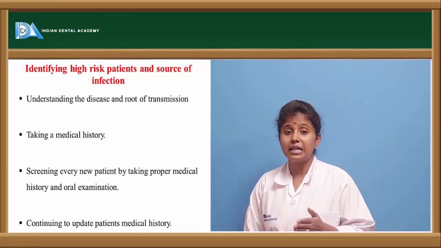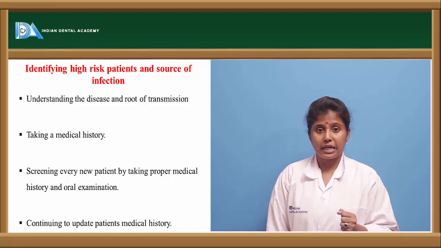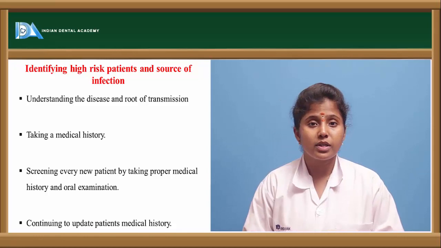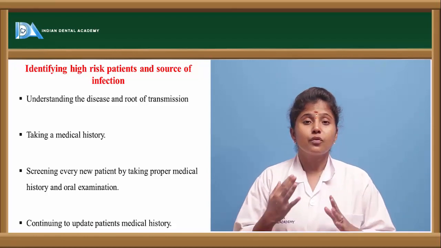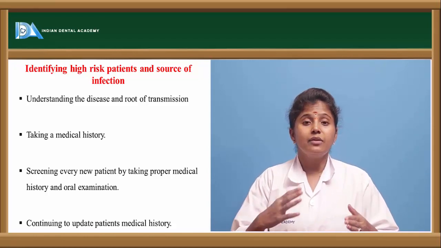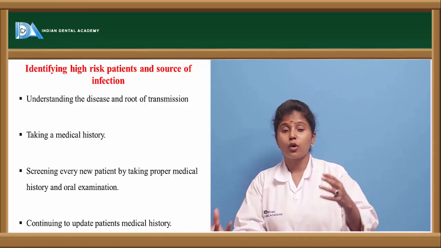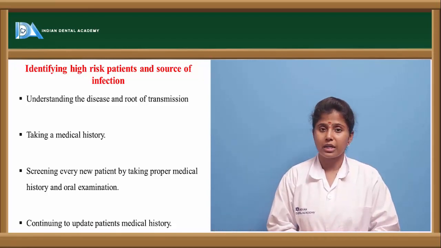How can we identify whether the patient is at high risk for infection or not? We need to understand the disease. If a person has any disease, we need to identify the disease and the route of transmission for the disease. What is the cause of that disease or transmission?